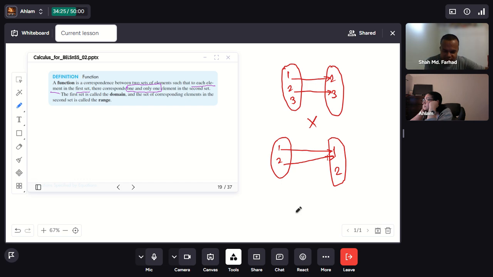No, this is a function. Okay, this one is a function, because for 1 we have one output. But what about 2? What about number two?